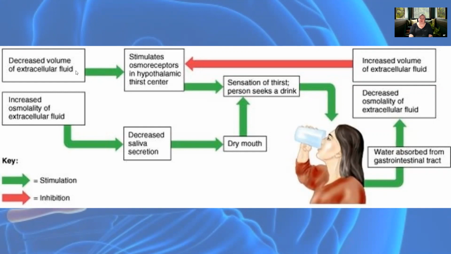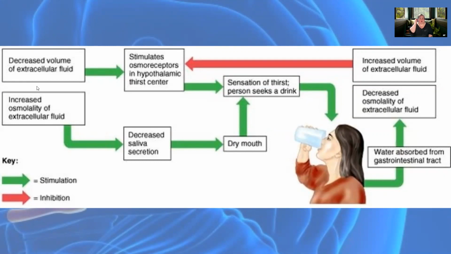Both of these, whether it's decreased volumes of fluid or that osmotic pressure, are going to trigger different things. If we think about eating the salty food, it's going to decrease saliva secretion. We're going to get a dry mouth, and then we're going to be thirsty. And so ideally, we're going to have access to water and drink.